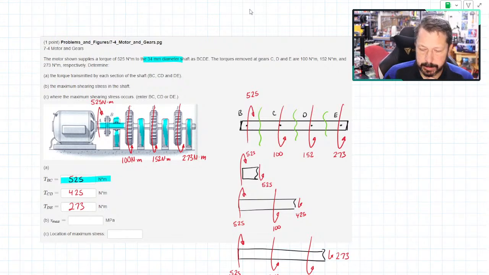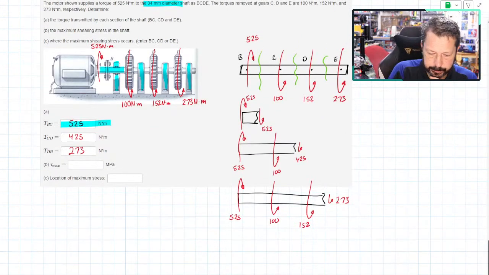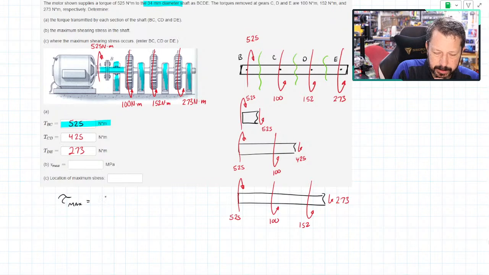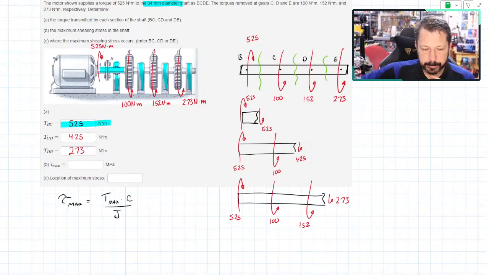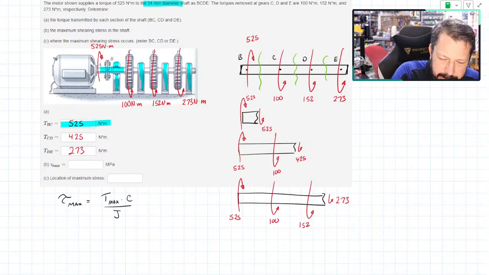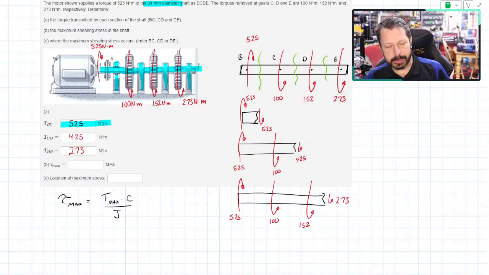So tau max, let's just put it over here, tau max is equal to T max times C over J. This one does not have a stepped shaft. The shaft, at least the core of the shaft, is all the same diameter, all the same material, everything.